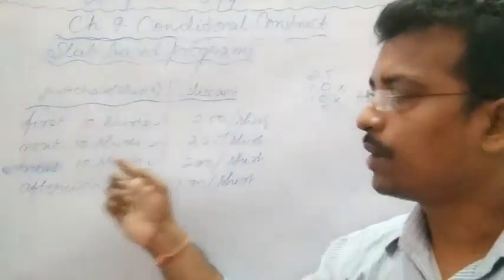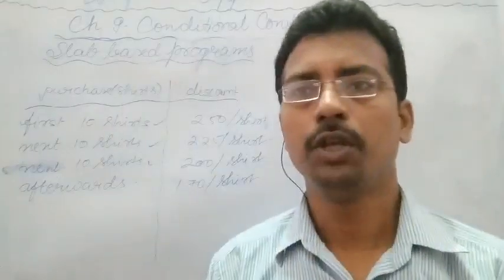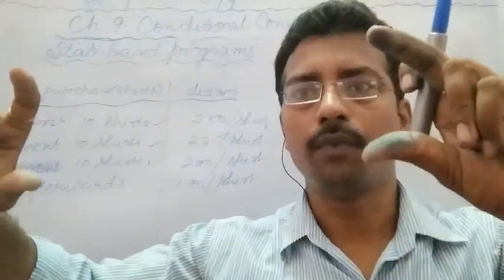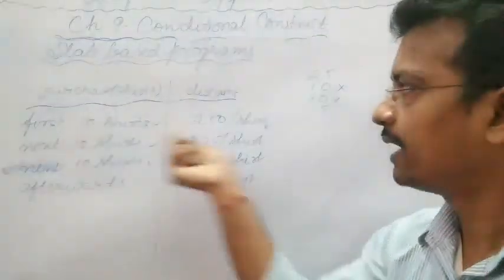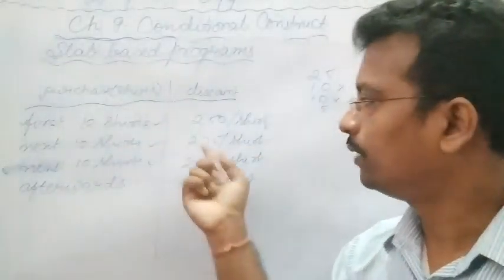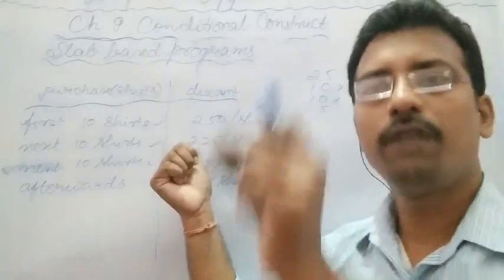Suppose someone has gone and purchased 11 shirts. So 11 is divided into the first 10 and then the second one. The first 10 will be calculated with 250 rupees and the last one, one shirt left, will be calculated with 225 rupees.